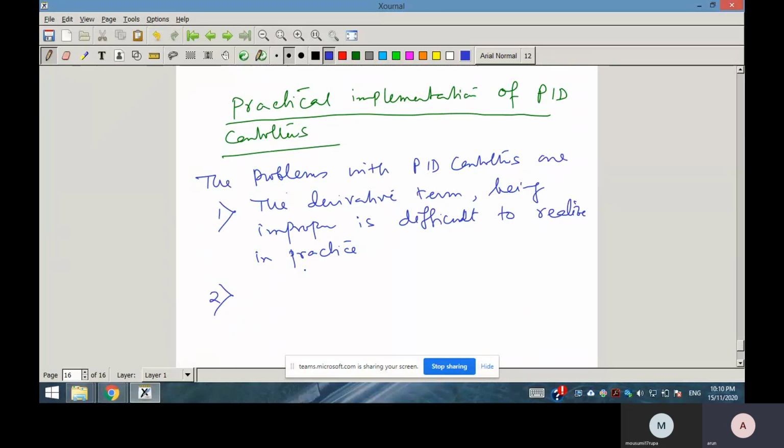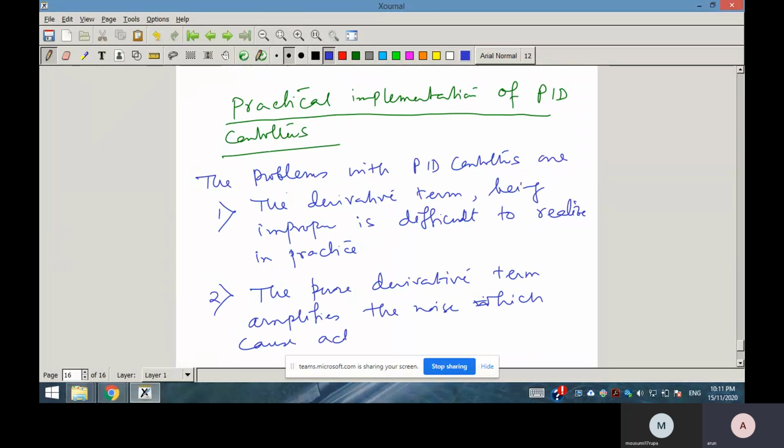The pure derivative term amplifies the noise, which will cause actuator saturation.